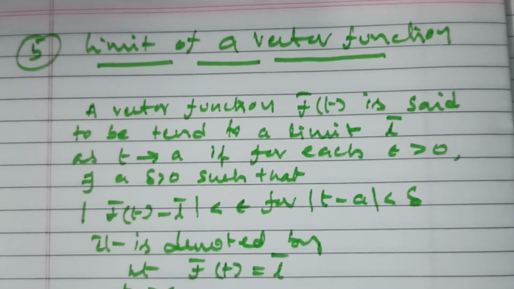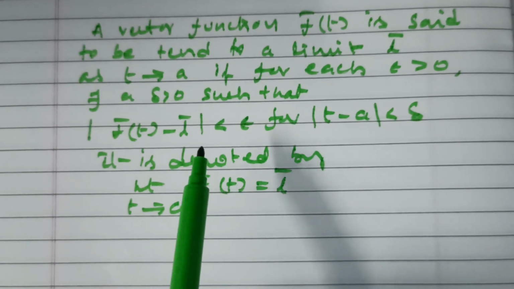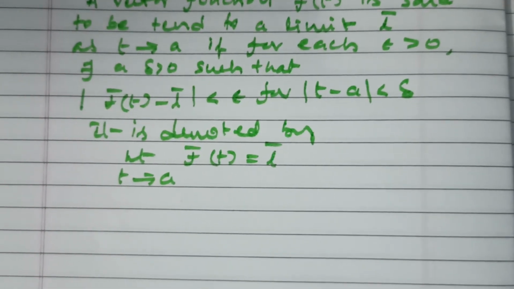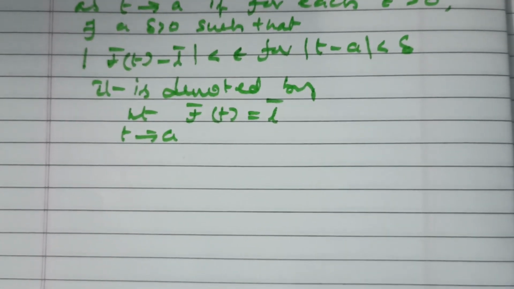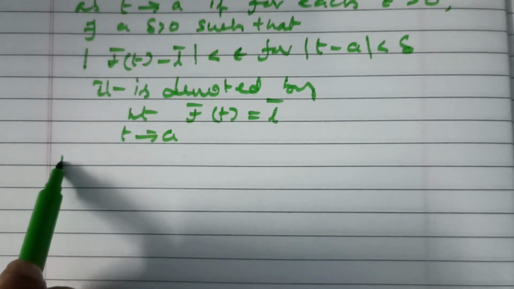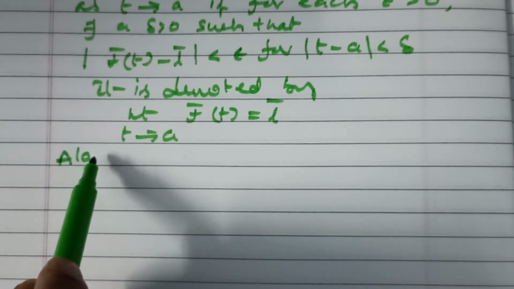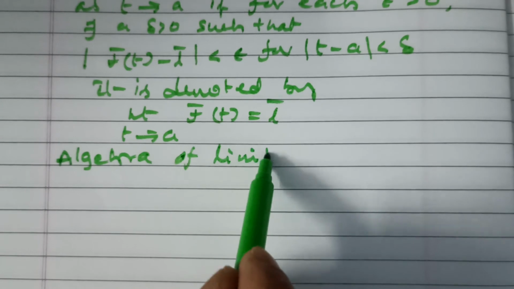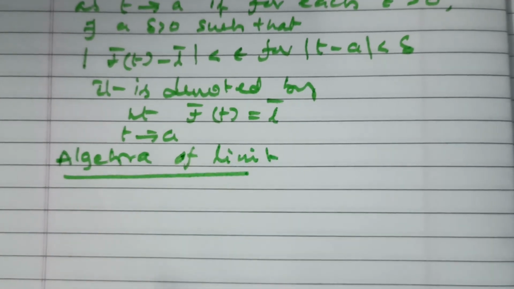See, that is the modulus definition for the limit of a vector function, as we already know for real valued functions from previous classes. Next, algebra of limits. It is the vector algebra of limits.